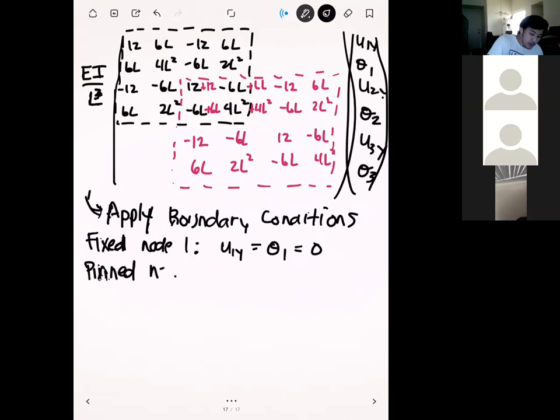We also have a pin at node 3. This knocks out the translational degree of freedom, so U3y equals 0.